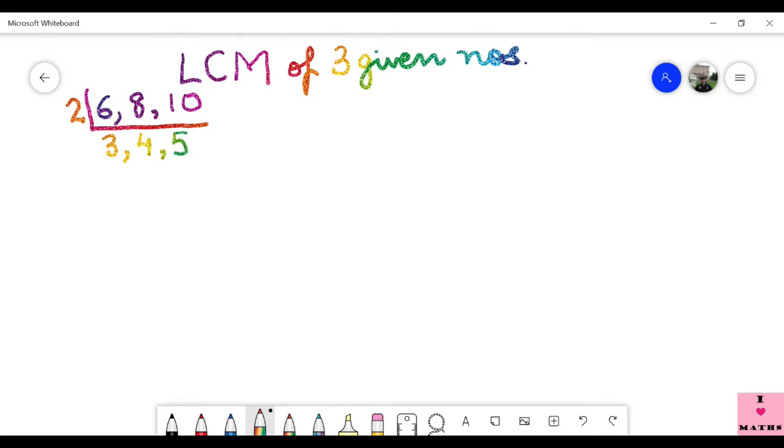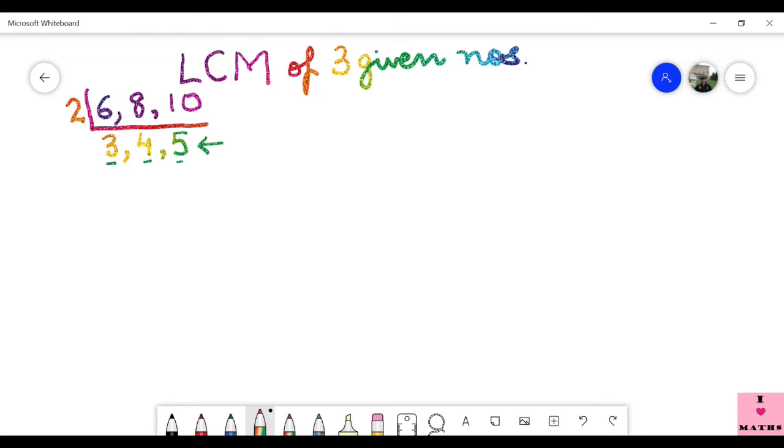Now children, I want to find out a prime number which will divide these three numbers completely. Now, if you look at these numbers carefully, 3, 4 and 5 are co-prime numbers. So there is no number except 1 which will divide these three numbers fully.